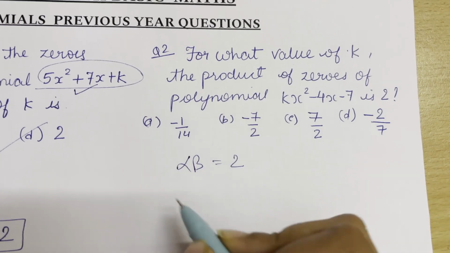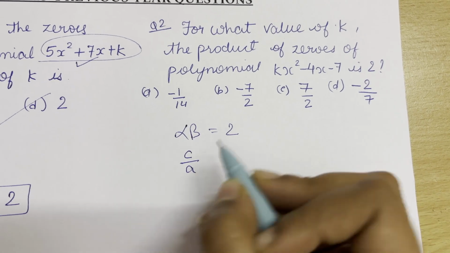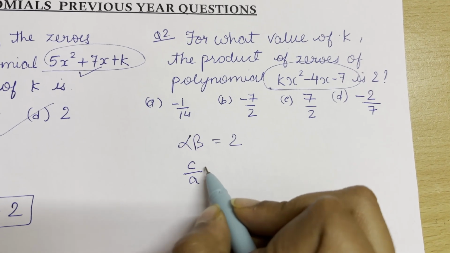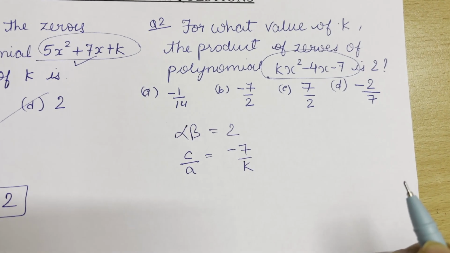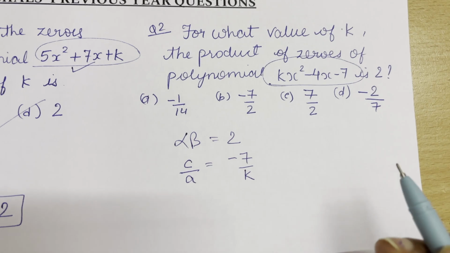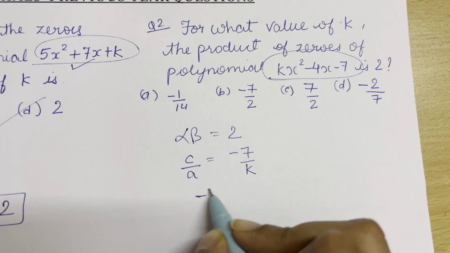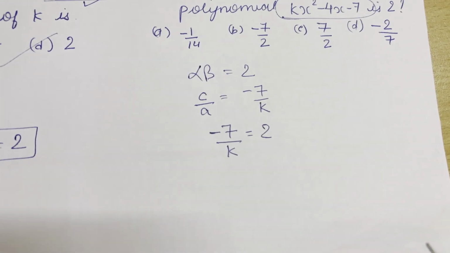We know that the product of zeros of the polynomial is c by a. If we take the values of c and a from this quadratic polynomial, we get minus 7 by k. It is said that this value is equal to 2, so minus 7 by k equals 2.